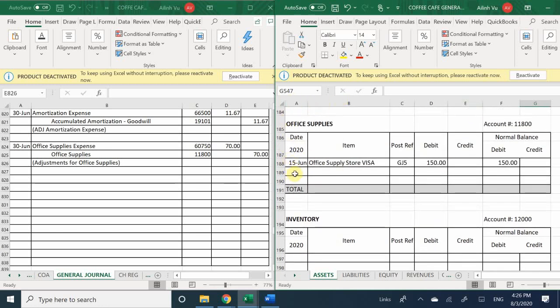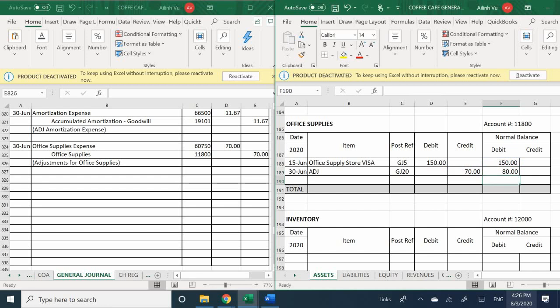So page 6 or page 7? Page 6 is office supplies. So general journal 20. And we credit it for $70. So therefore, this plus this minus this, we have $80 left in office supplies.